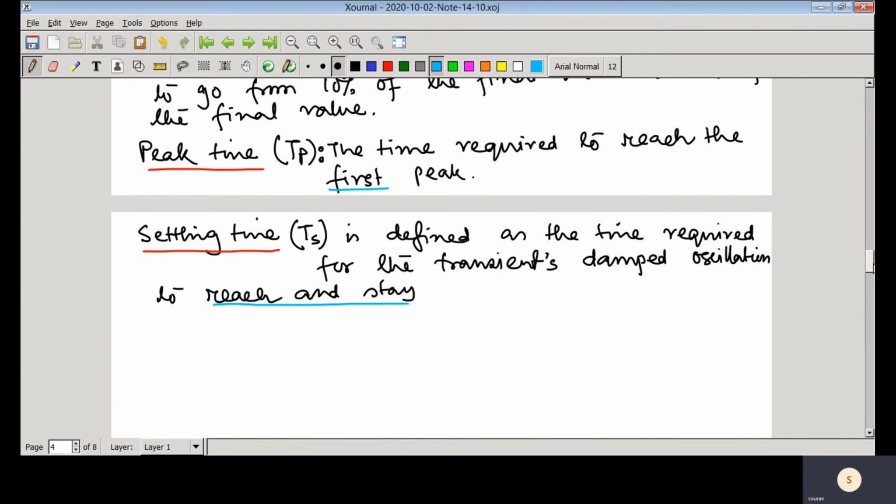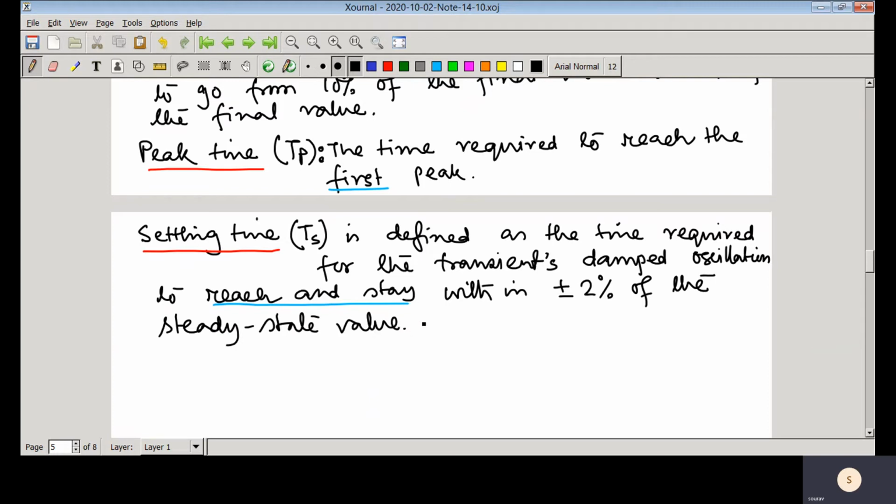So that's why by definition, the damped oscillation to reach and stay within plus minus 2% of the steady state value. So that is called the settling time.